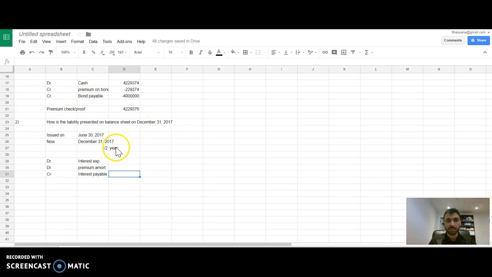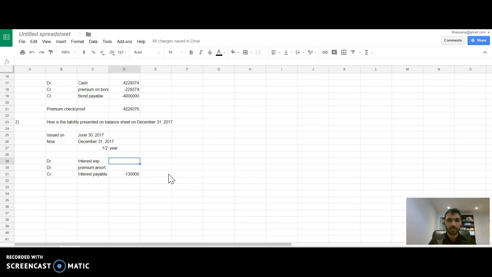Since this is for half a year, we say $4 million times the interest rate of 0.065, which is 6.5%, the stated amount, times half a year. Standard formula for calculating interest, and that amount is $130,000. I'm just going to put negative because that's a credit, the cash going out of the business.